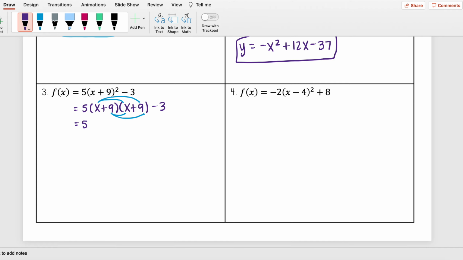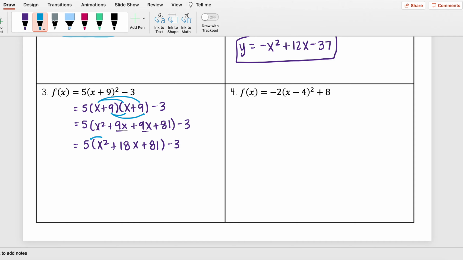And so when I do that, I get x times x is x squared, x times 9 is 9x, 9 times x is 9x, 9 times 9 is 81. Then I can combine my middle terms, and so I have x squared plus 18x plus 81 minus 3.